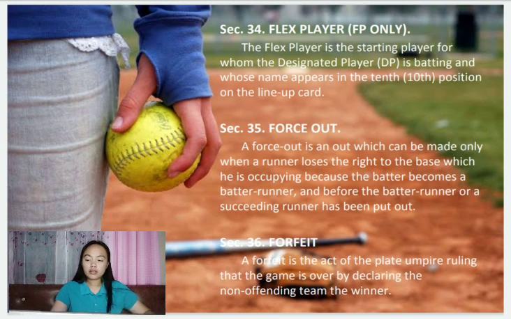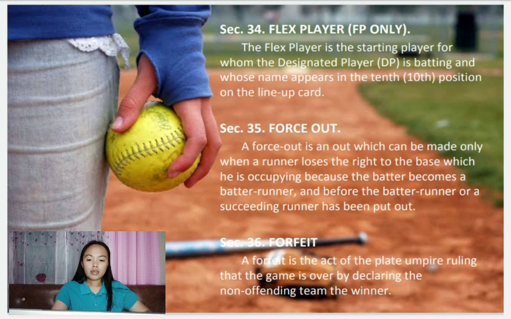Next is section 35, the force out. A force out is an out which can be made only when the runner loses the right of the base which he is occupying because the batter becomes the batter runner, and before the batter runner or the succeeding runner has been put out.